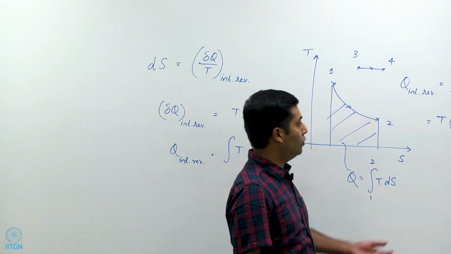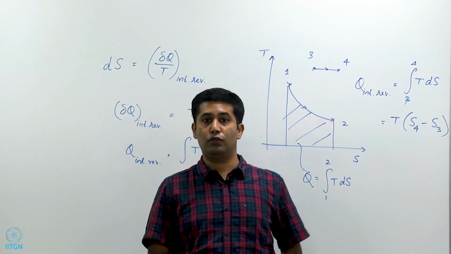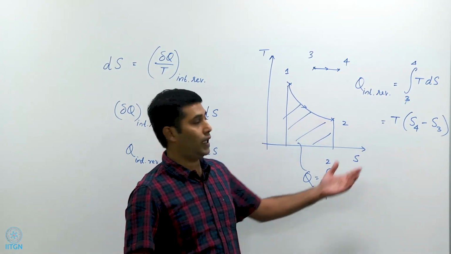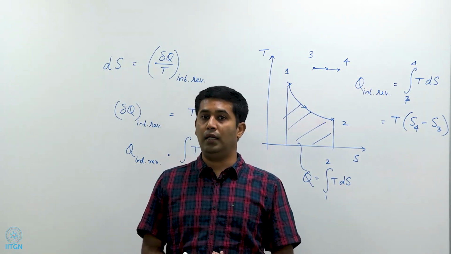So if I know the entropy at state 4 and the entropy at state 3, which I will if I know states 3 and 4, then I can calculate the heat required to take the system from state 3 to state 4.